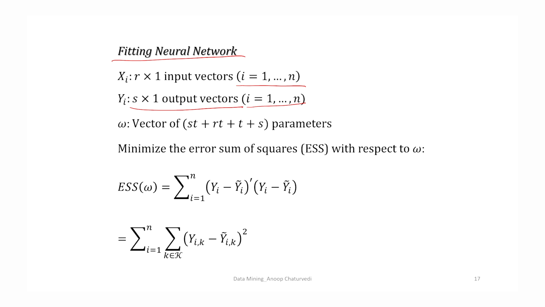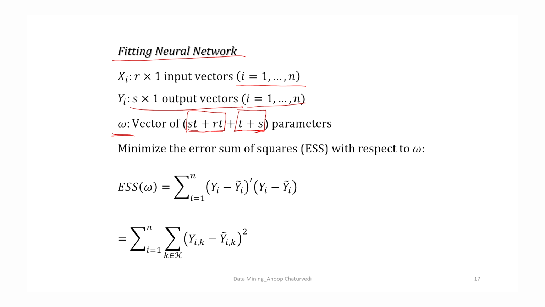In all you have st plus rt plus t plus s parameters: st plus rt is the number of parameters in the weight matrices A and B, and t and s are the parameters in the bias vectors. Suppose omega denotes the vector of all the parameters.